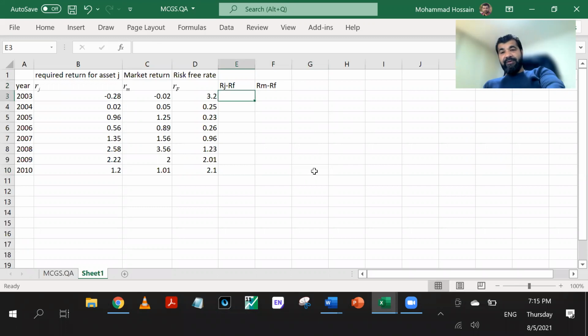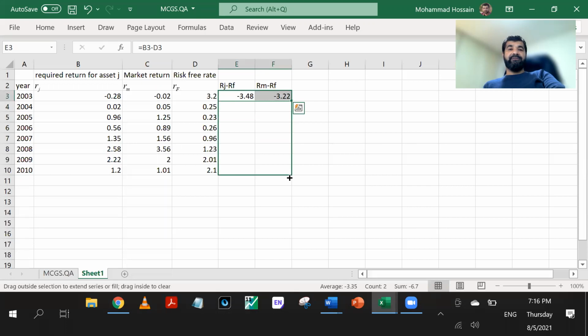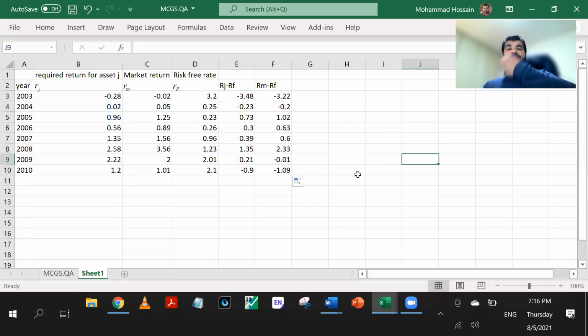So this one will be equal to RJ minus RF, this minus, and this one will be equal to RM, this minus RF. Okay. This is our data.